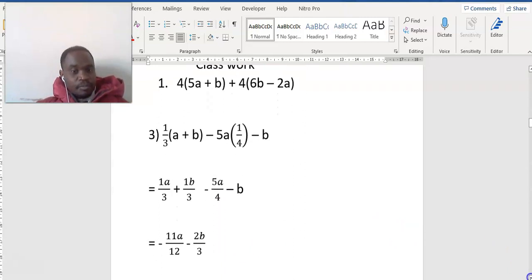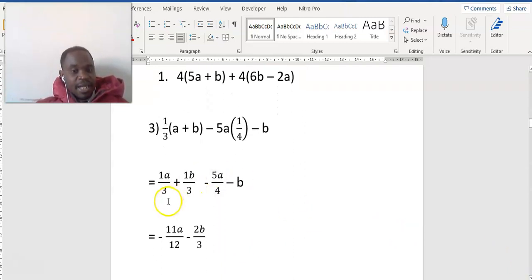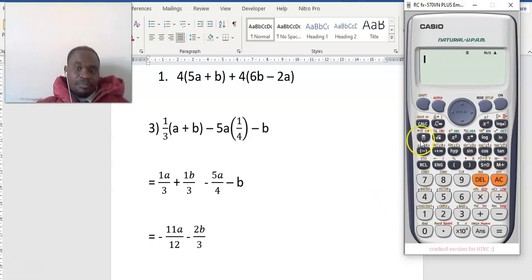Okay, what are the like terms here? A. So these two are the like terms. Another like term, this and this are also like terms. So let's deal with this one. So we are going to press this. We have 1 over 3 minus, you see how I'm pressing, 5 over 4.